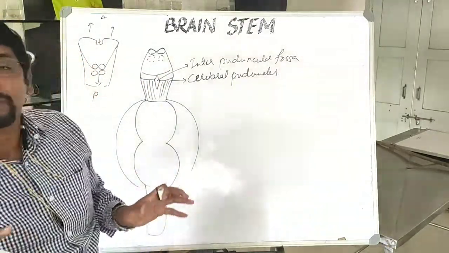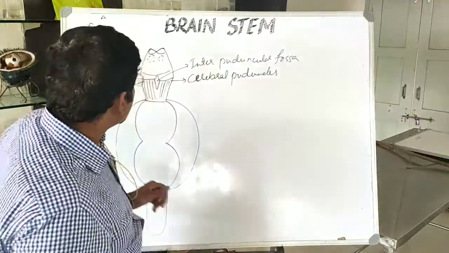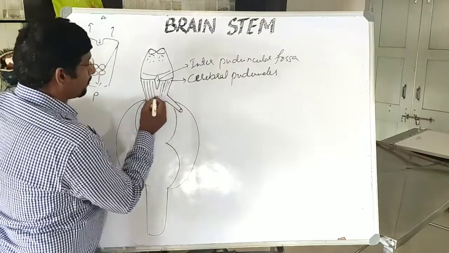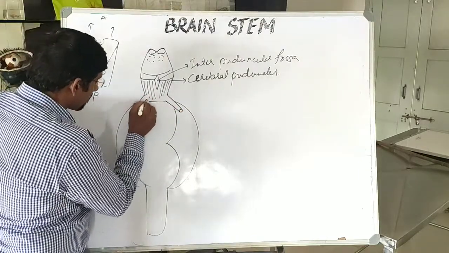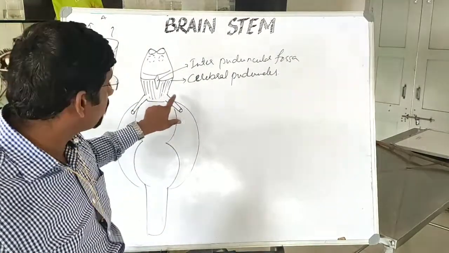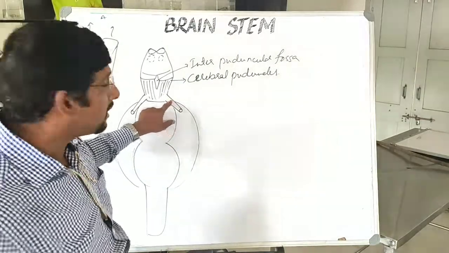Not only cerebral peduncles are there, the cerebellar peduncles are also there. From the midbrain to the cerebellum, there are the superior cerebellar peduncles.